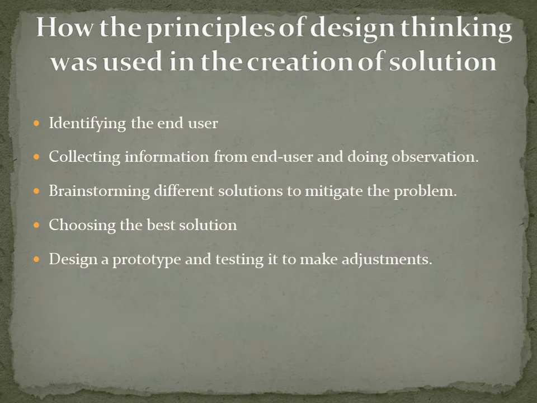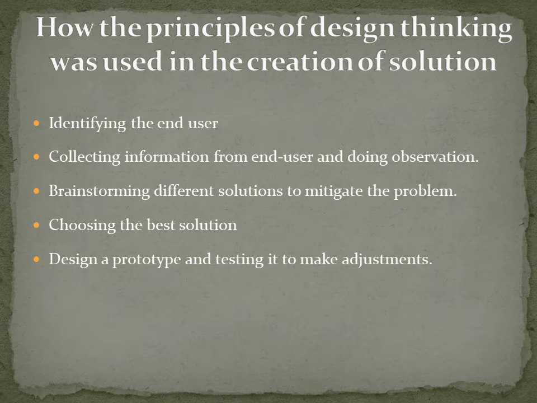So we're looking at how the principles of design thinking were used in the creation of the solution. Firstly, it was used in identifying the end users, collecting information from the end users, and doing the observations. After, it was used in the brainstorming of different solutions to mitigate the problem.